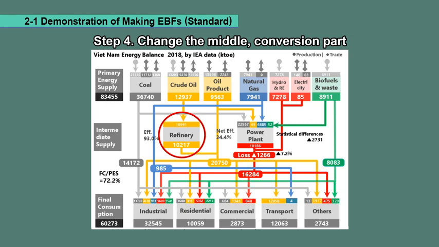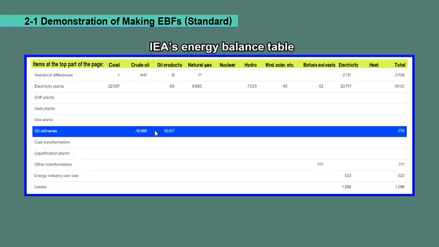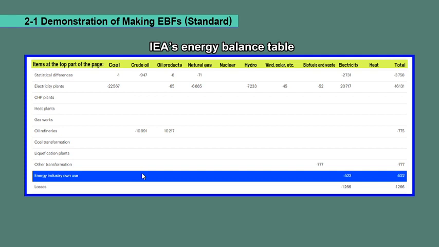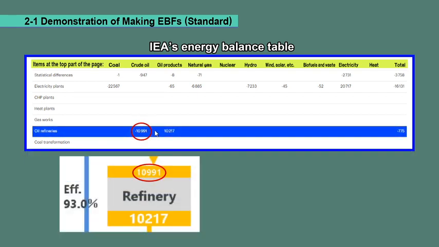The last is refinery. Look at the oil refineries and energy industry own use rows. The IEA data for Vietnam has no values for energy industry own use, so enter 10,991 under refineries crude oil.